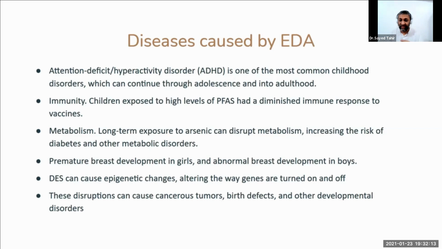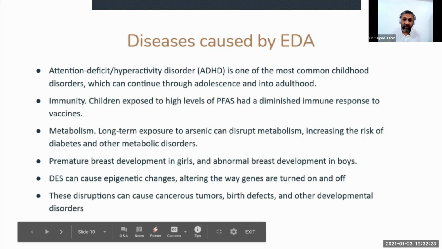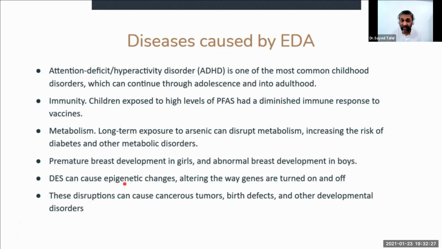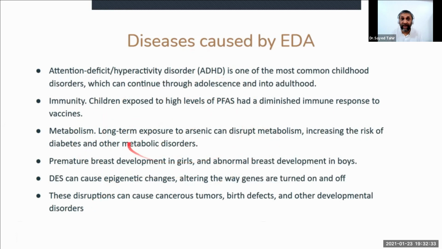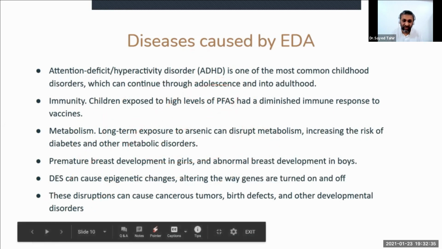All the kids had these effects. And disruptions can cause cancers. They can cause birth defects and other developmental disorders that we see. They're so common nowadays. So we don't blame only the medicines. We blame this whole environmental poison that is us. And it is us who are to be blamed because we buy these poisons for the sake of our kids.